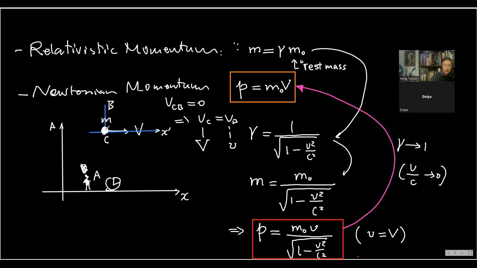Okay. Because relative to this person, he's not moving. So this object is not moving. Therefore, the momentum is equal to 0. Can you see? You understand? Because this object is moving together with this object, so relative to this observer B, the object is not moving.